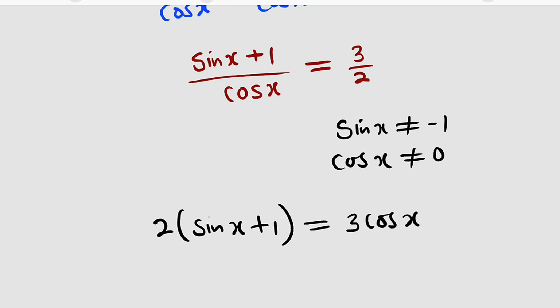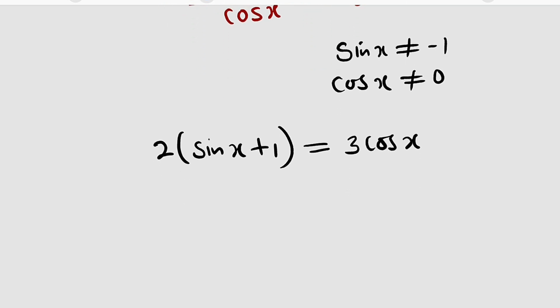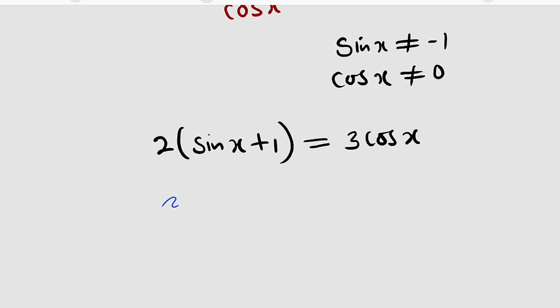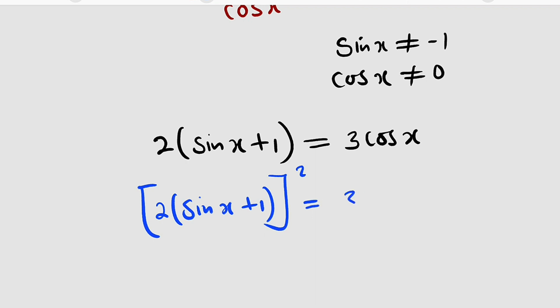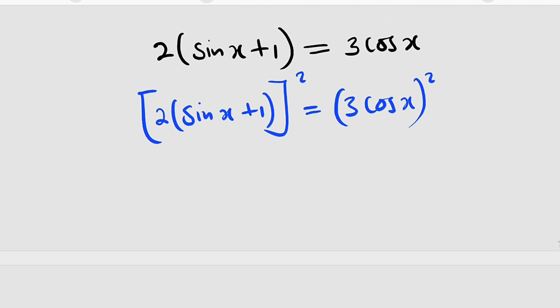And from here I want us to square both sides. If you square the left hand side, let me even write it, 2 sine x plus 1 all squared. This is equal to 3 cosine x all squared. To the left hand side, 2 squared is 4.